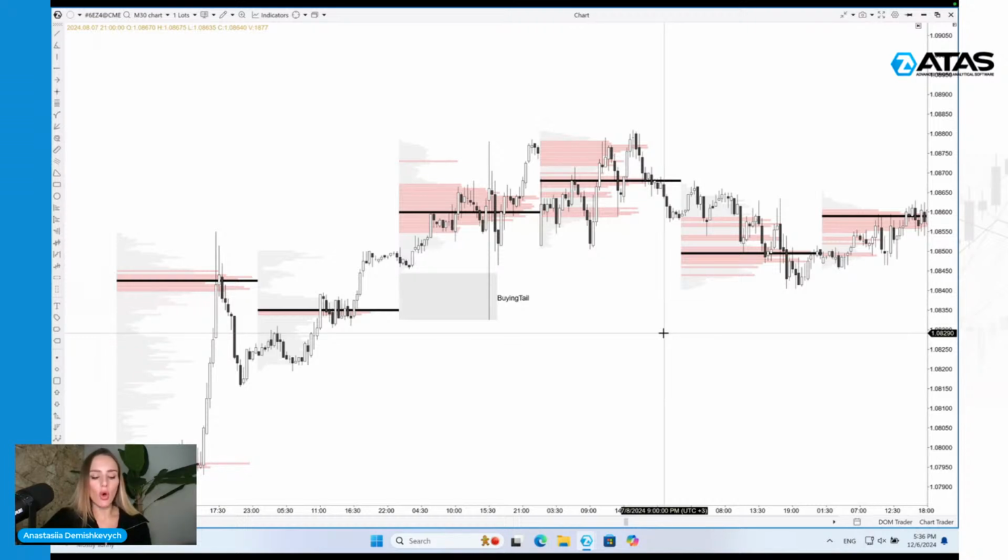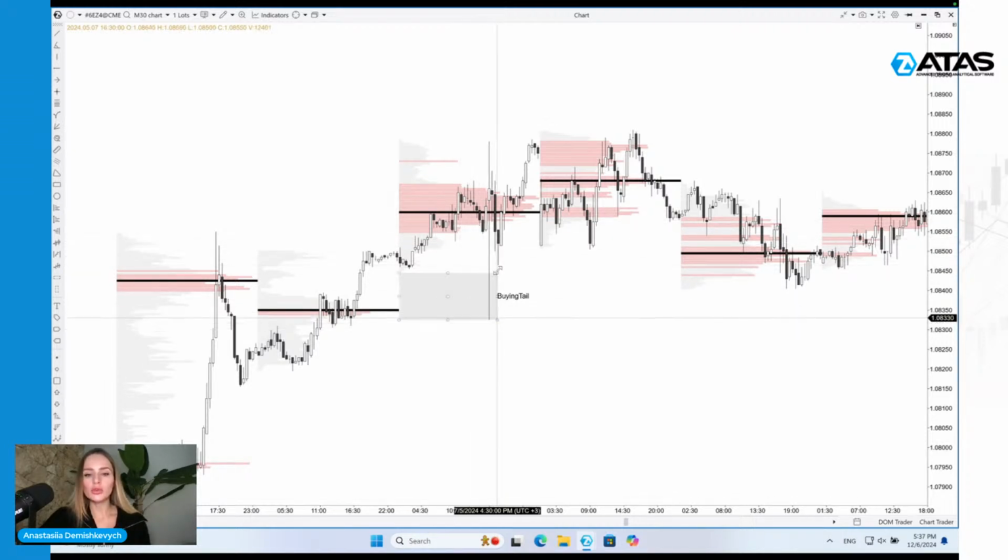And reversal often happens when aggressive buying or selling exhausts without further price movement. And this is why buying tail and selling tail are important for the setup, because the movement to the downside in this example was quite aggressive, but at the same time, the sellers exhausted themselves and there was no continuation of the downwards movement.